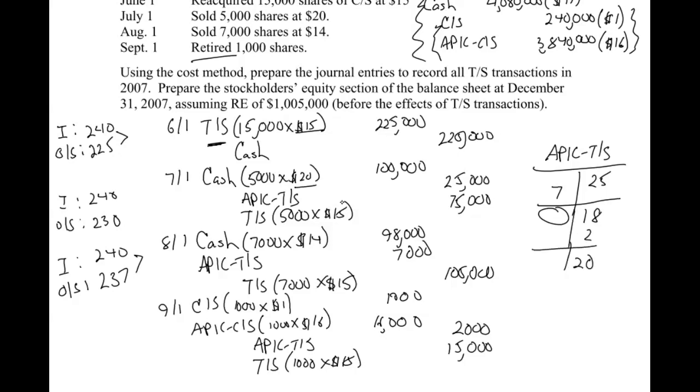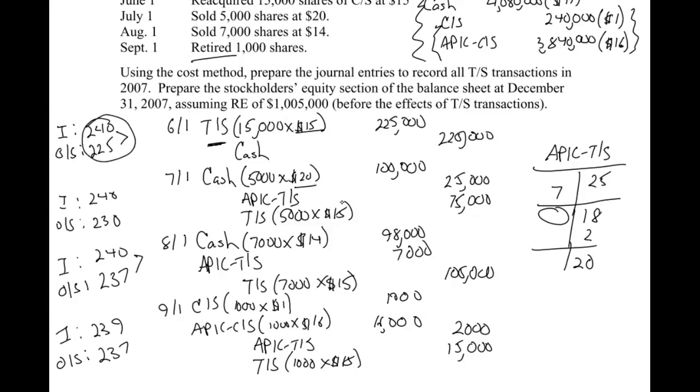Now look over here, the issued and outstanding. Once again, remember, the only time we change issued is when we buy some more or we retire shares. Well, we just retired 1,000, so that comes down to 239. Now remember, when we retire shares, the outstanding doesn't change. A lot of times students want to mess with this number here, but look back up here.